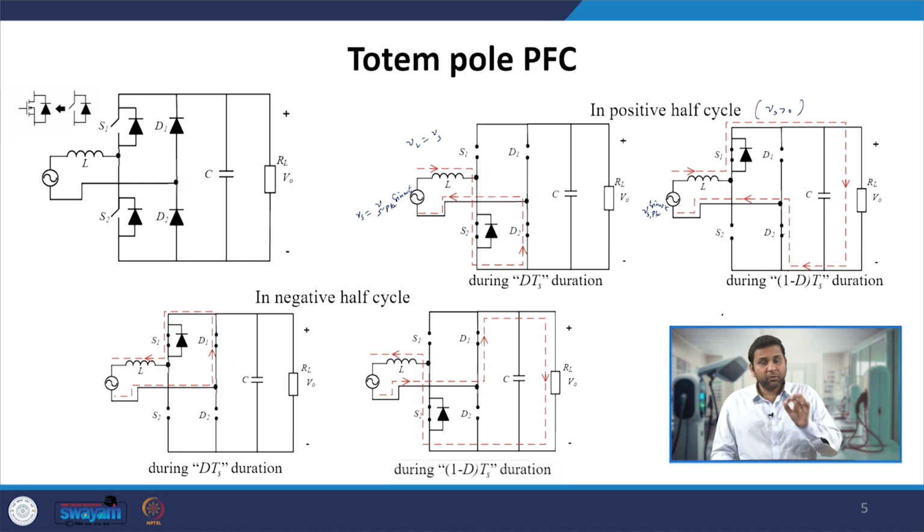So here if you look very carefully, in both the DTs period and 1 minus D Ts period, D2 is on. So thus D2 is on in the entire switching period, and in all the switching periods in the positive half cycle, your D2 is on.